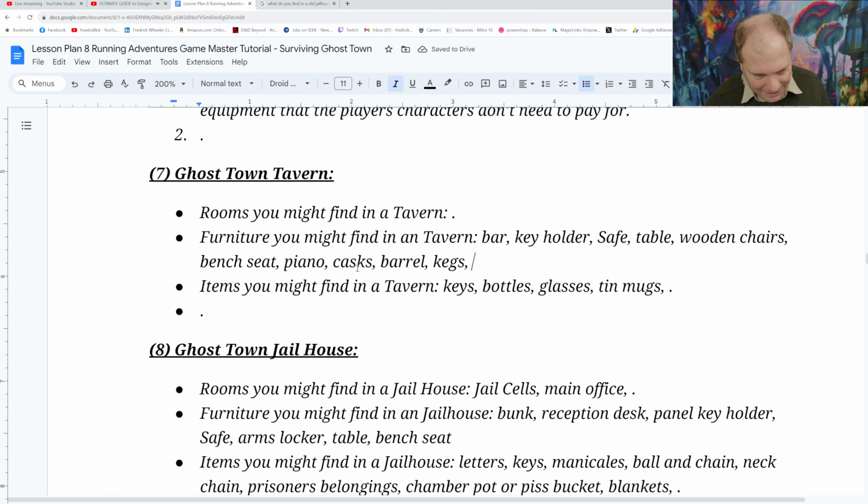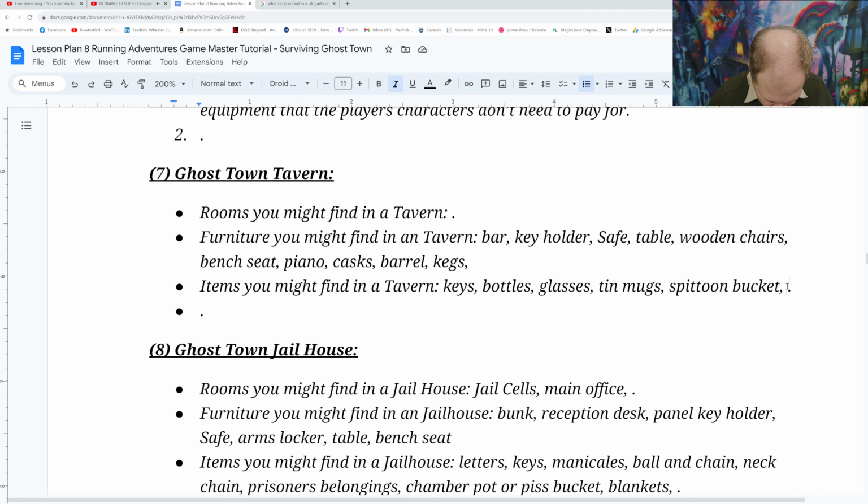Yes, spittoon bucket. Very likely, yes. You don't stick your hand in that thing. Spittoon. Okay. Harpsichord. Possibly.